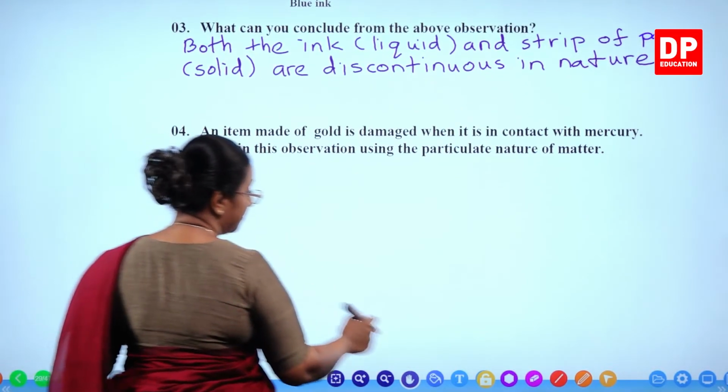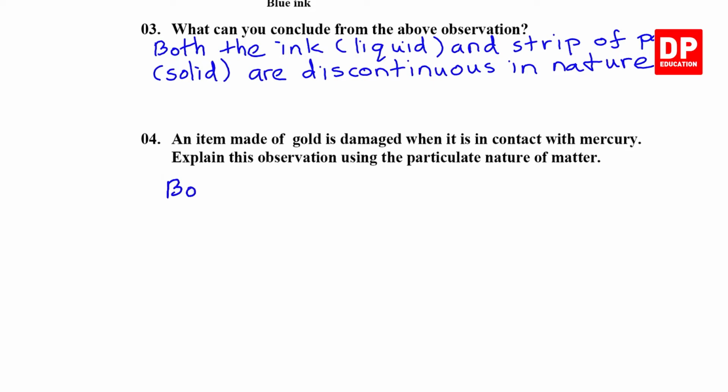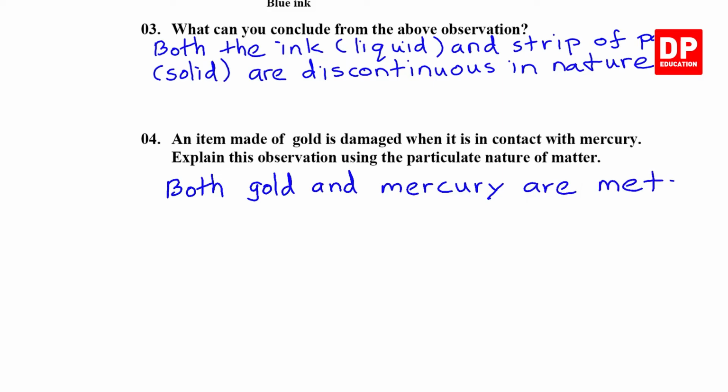So we can say both gold and mercury are metals.